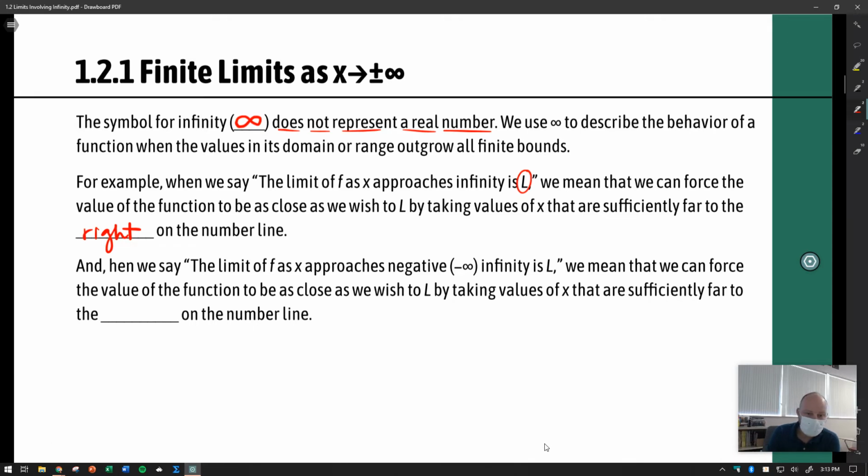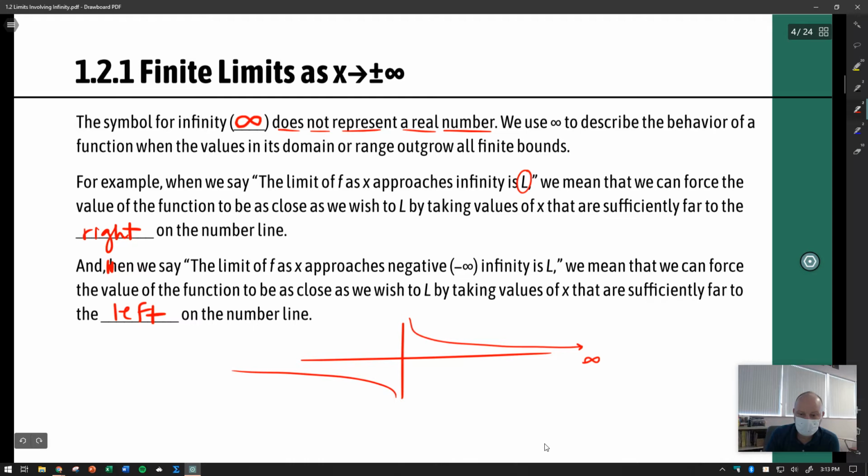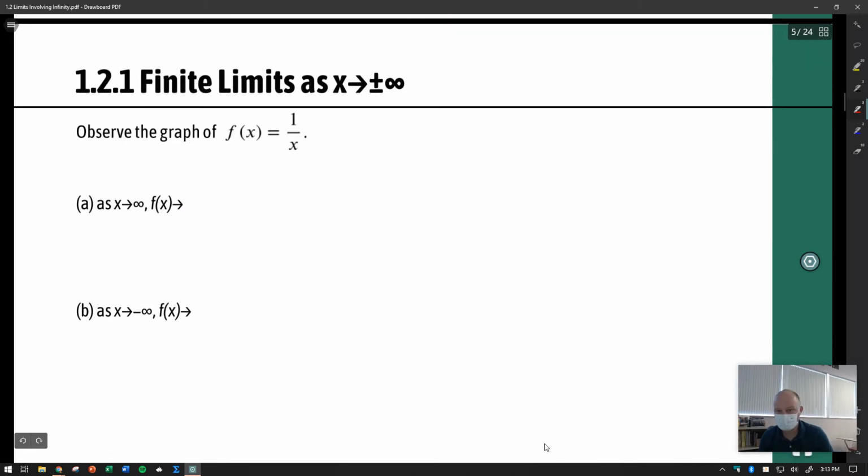And when we say the limit of f of x as x approaches negative infinity is L, what we mean is we can force the value of the function to be as close as we wish to L by taking values of x that are sufficiently far to the left on the number line. So this really is talking about what's going on to the far right of a function as your x values go toward infinity, or what's going on to the far left of a function as x approaches negative infinity.